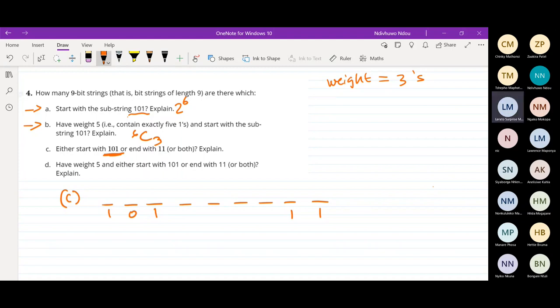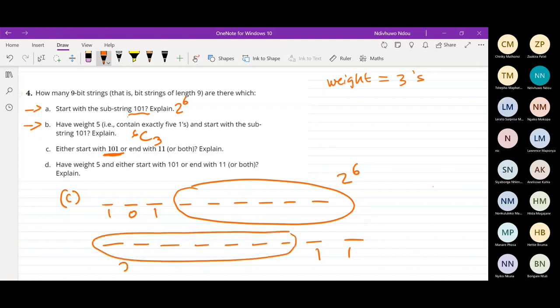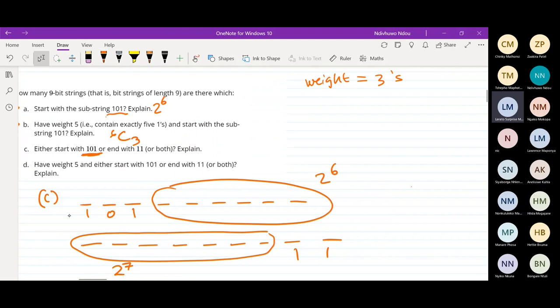Since there's an or in between, we have to add the 2 answers. For the first one there are 6 spaces left, so we have 2 exponent 6 plus 2 exponent 7, and we add both.